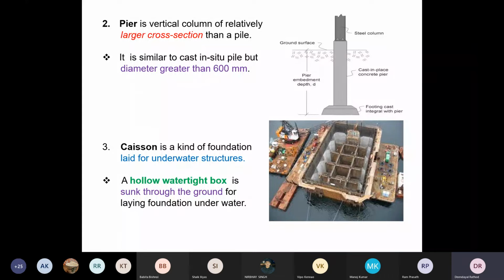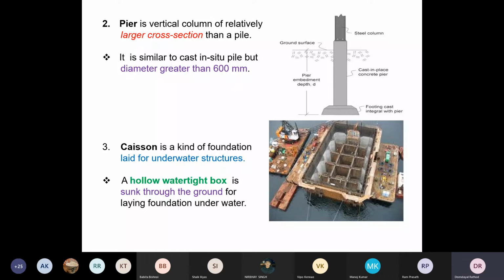And caisson, as the name says, is a kind of foundation laid for an underground structure. You might have seen how the foundation is generally laid. We provide this caisson, and it will not allow the water to enter. Then we cast the concrete.